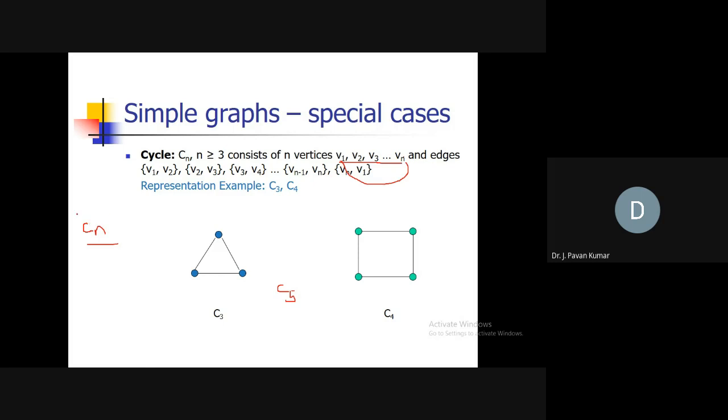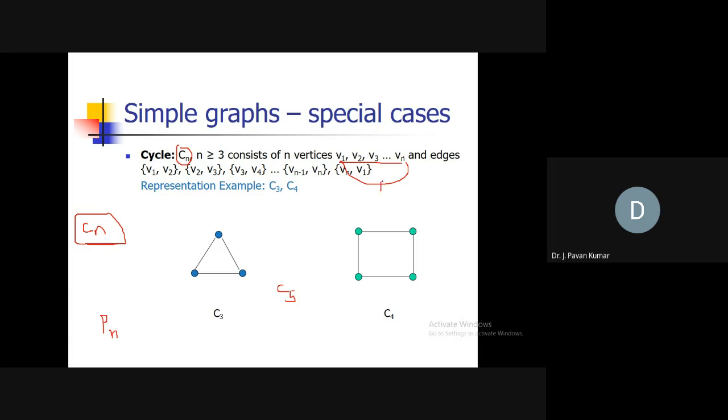This is the notation. Capital C, small n, Cn, is used to denote a cycle graph. And similar to this, we can consider Pn. What does it mean? Pn is a path graph. In a path graph, the cycle will not form.